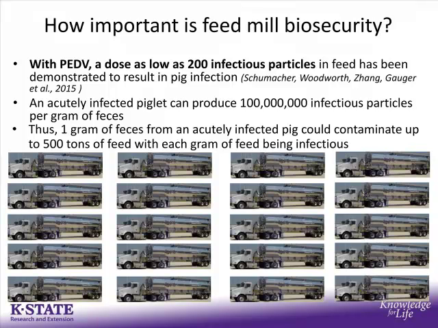And to put this into context, an acutely infected pig will produce approximately 100 million infectious particles per gram of feces. And so the slide that everybody seems to remember is that 1 gram of feces from an acutely infected pig is enough to inoculate 500 tons of feed, with each gram of feed leading to the potential to be infectious from a PED standpoint.